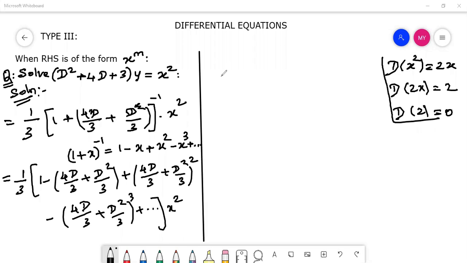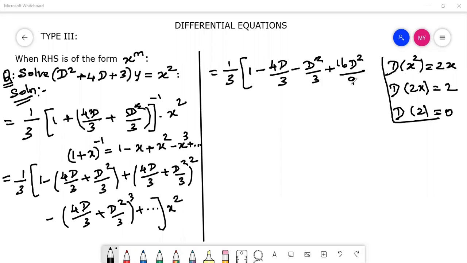So from this, when I'm going to open the bracket, 1 over 3, 1 minus this, I'm taking this inside the symbol, so 4D/3 minus D²/3. And from the first term, when you apply the (a + b) whole square formula, it will be a². So (4D/3) the whole square will be 16D²/3², which is 9.